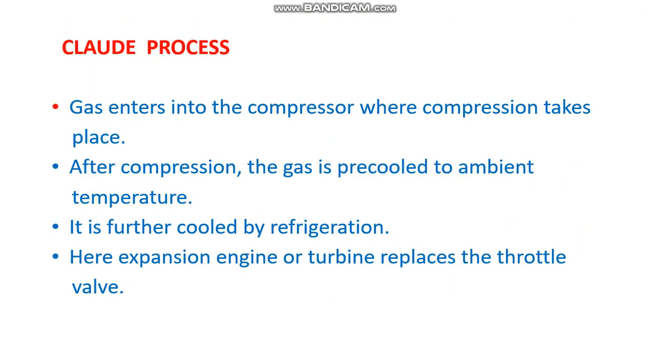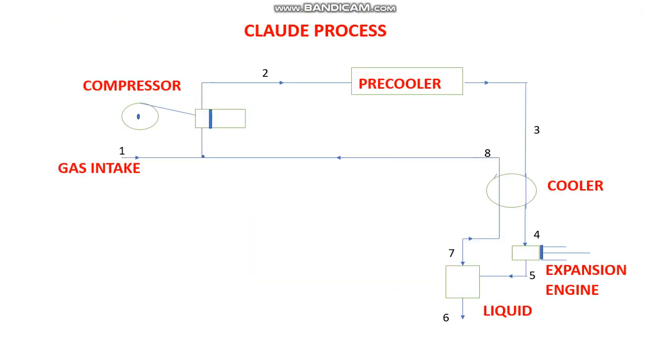The second process is the Claude liquefaction process. Here also the process is the same. The gas enters the compressor where compression takes place. Then after compression, the gas is pre-cooled to ambient temperature. Again, it is further cooled by the refrigeration process and then it enters the expansion engine. That is, we use a turbine or expansion engine for the liquefaction process.